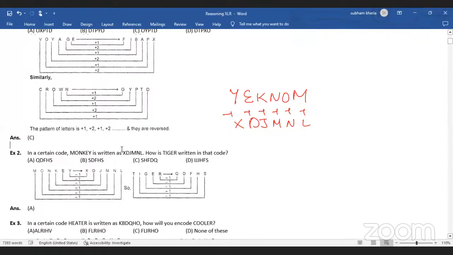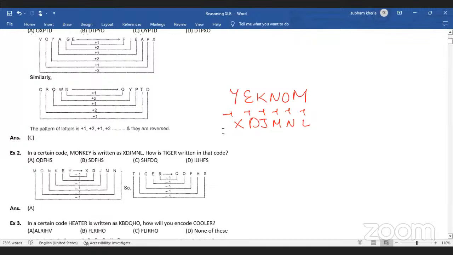This is 13, this is 24, this is 15, this is 4, not following a specific pattern. But if I reverse this word, YEKNOM, and then check the code XDJMNL, see, Y minus 1 is X. X, Y, D, E, J, K, M, N, N, O, L, M are consecutive letters.